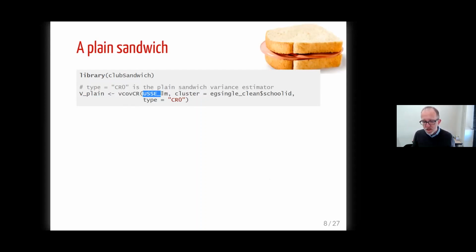The first argument here is just the fitted model. Then we need to specify the clustering structure. So here we'd specify an ID variable that distinguishes observations from different clusters. Here in this data, the students are grouped by school, and so I use the school ID as the clustering variable. And then in the next line, I specify type equals CR0. CR0 is the plain bologna sandwich estimator with no further adjustments to it.